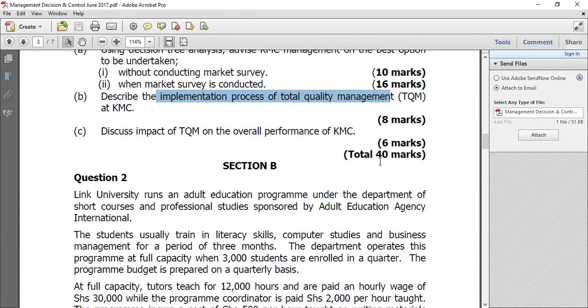And one of the other things I want to say is that for these theoretical questions, if you can understand what TQM is, because here the examiner is asking you to describe, you can easily put down what you think would be the right steps. Here they're not even saying steps, but they're saying the process. So you know that TQM involves everyone being involved in quality management across all the departments. So you can write a write-up to earn those marks. Even if they are half of the marks, at least you can get something.